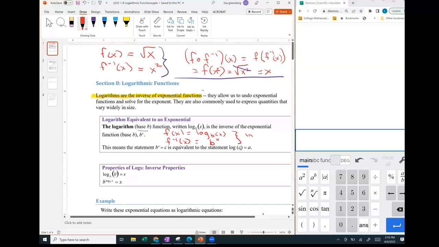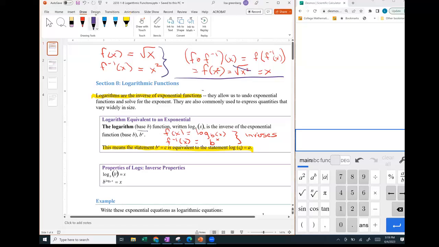These are inverses. Now, this means that if b to the a equals c, then the log base b of c is equal to a.